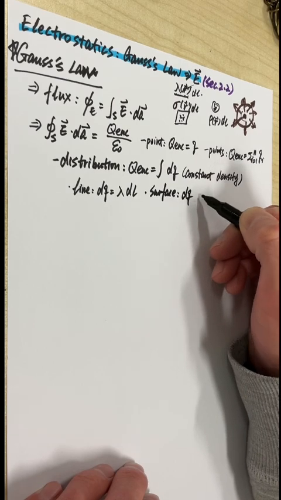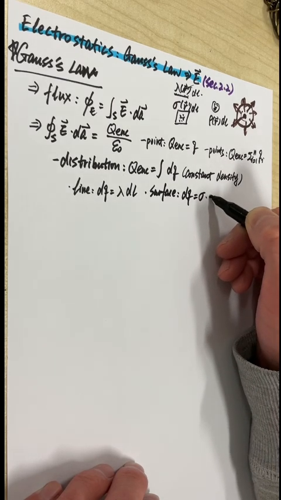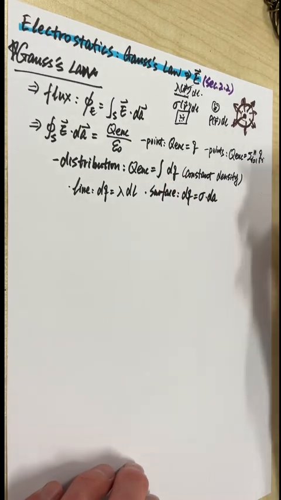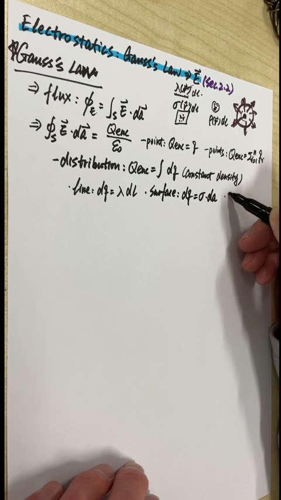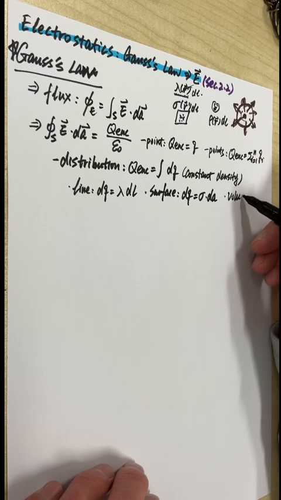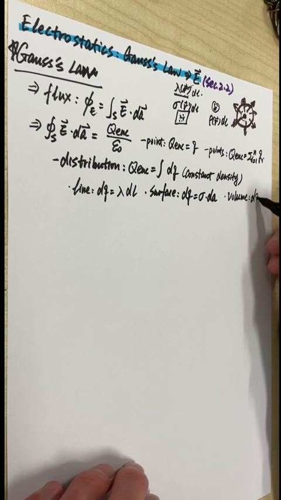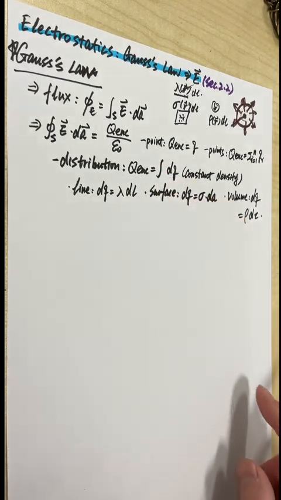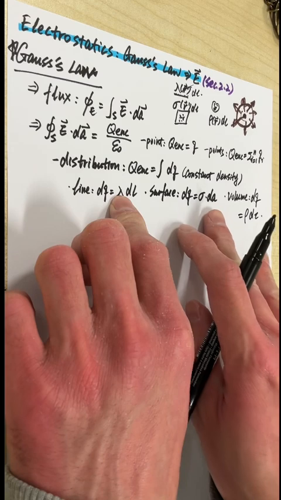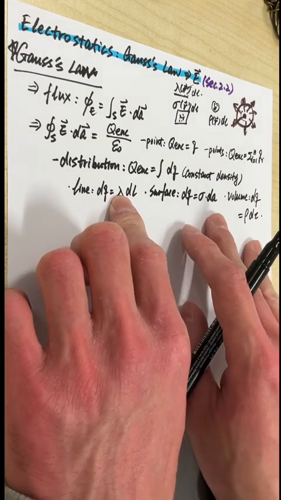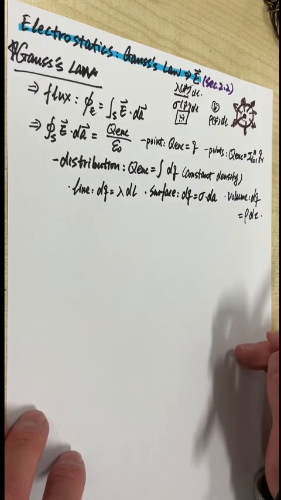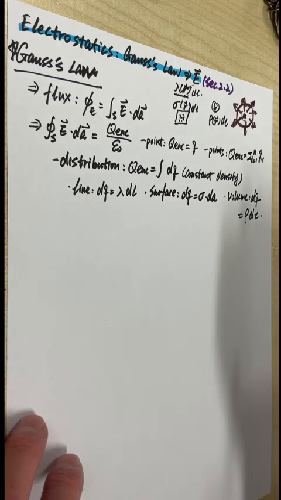Similarly, dq equals sigma dA, so we do a surface integral. And then if I have a volume, we have dq equals rho d tau, so we do a volume integral. But the densities are all constant. That is what we care about for Gauss's law. Gauss's law also has a differential form.